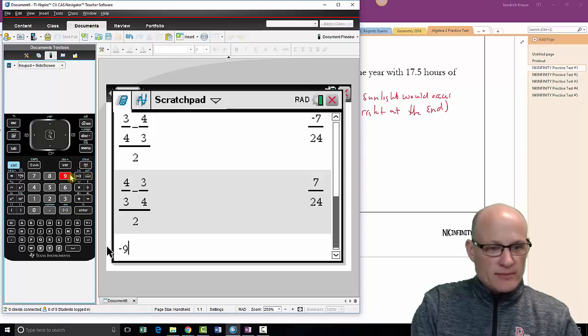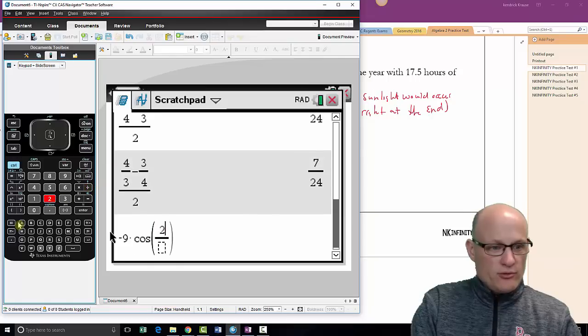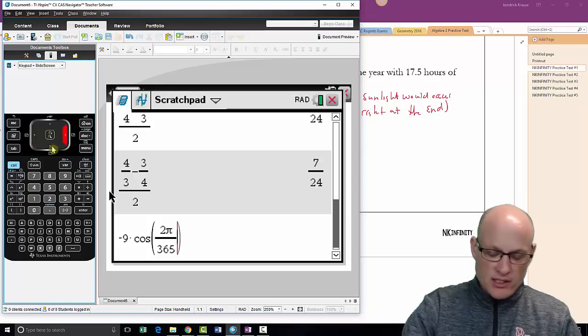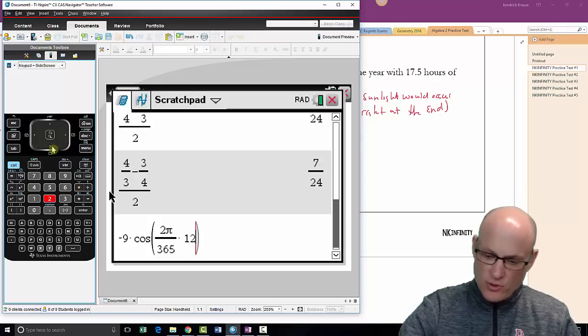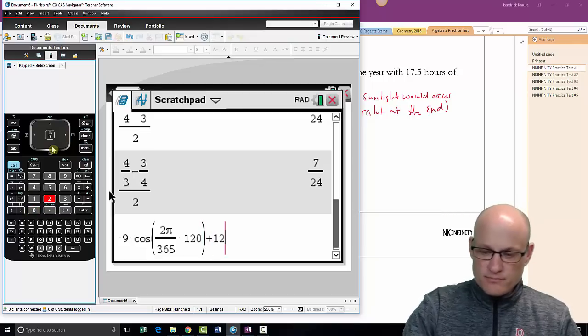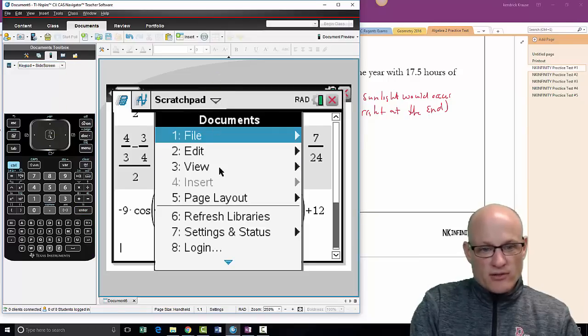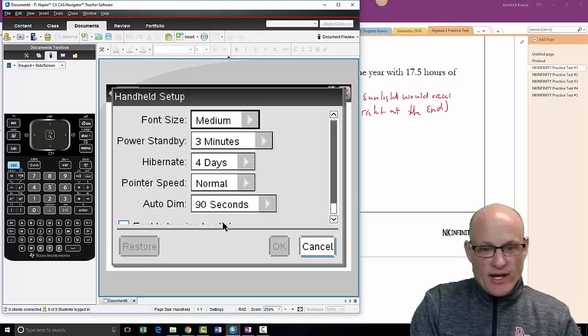-9 times cosine of 2 pi over 365 times 120 plus 12. Oh, jeez. Now it's giving me the exact answer.